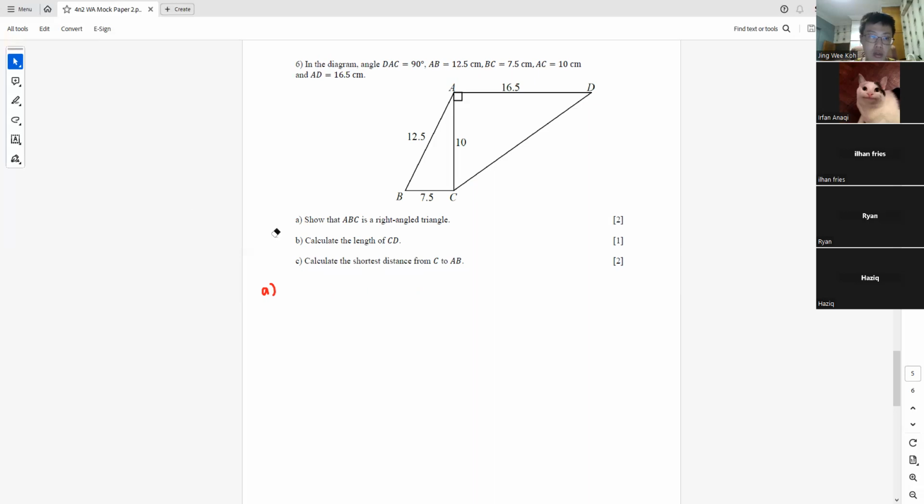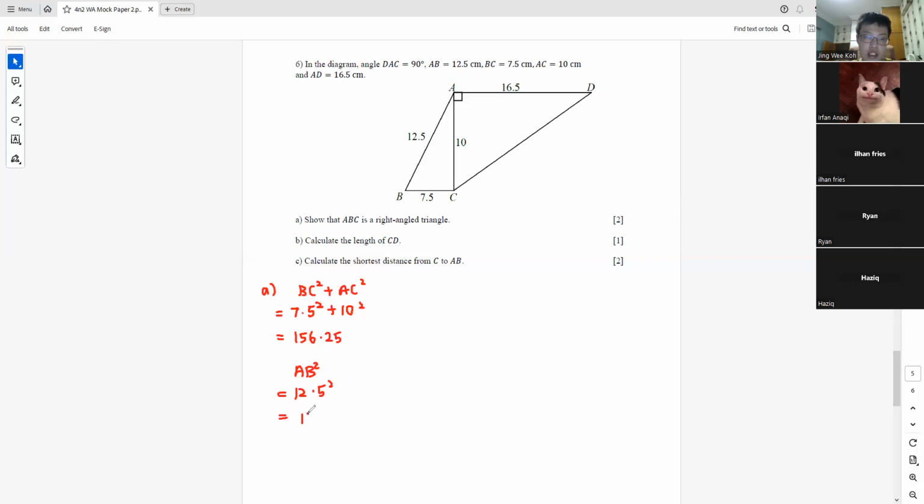Okay, so what you need to do, find BC squared. You have to do it like that. Find BC squared and AC squared. So 7.5, you need to calculate the value out. Okay, next you have to calculate AB squared. AB squared is just 12.5 squared.